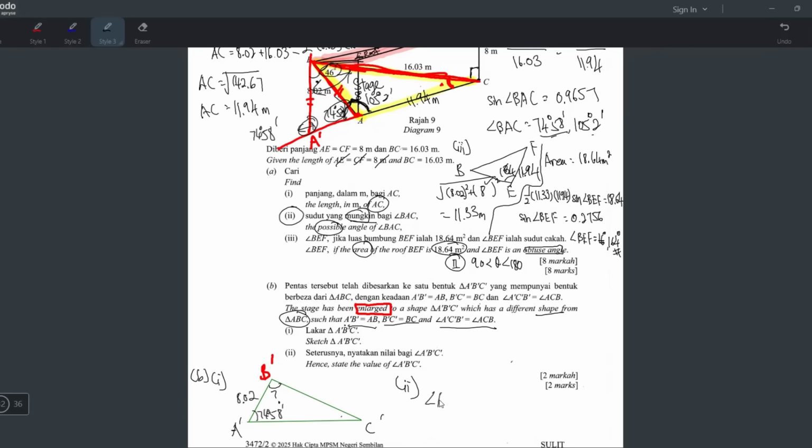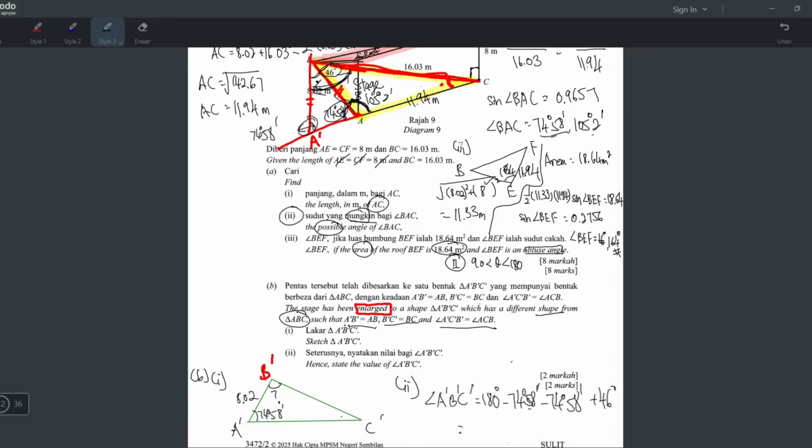So the angle A prime, B prime, C prime, which is here to here, it will be 180 degrees minus 74 degree 58 minute 2 times. Ya, dua kali ya, 58 minutes, dua kali. And then plus with what? After you tolak sini, dapat sini plus with what? Plus with 46.